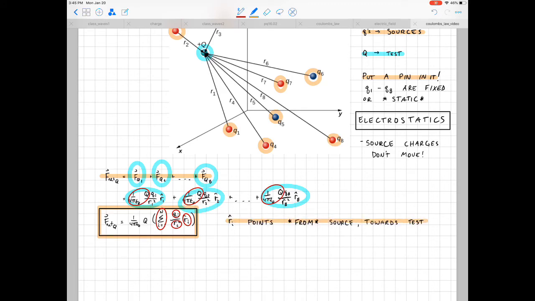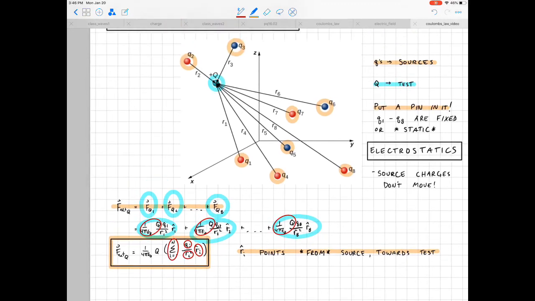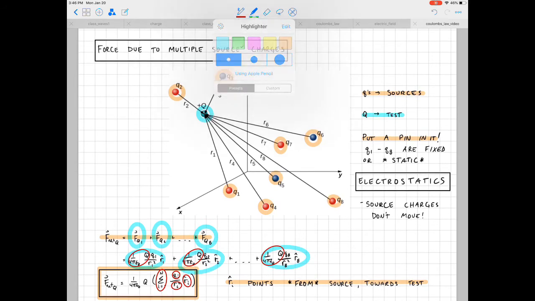This direction vector points from the source towards the test, and you can see in my figure up here that each of these lines represents that direction. Those arrows are pointing towards the test charge, so from the source towards the test.